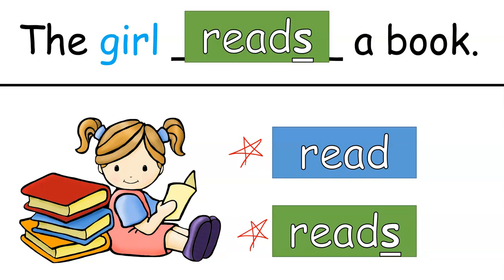The correct answer is reads. Of course, my subject is singular. There's only one girl. If my subject is singular, then the S will go to the verb, so I need to put the S after read. Good job if you got it correct.